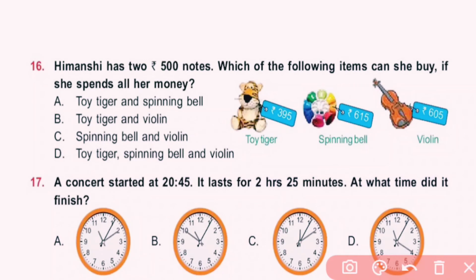Question number 16. Himanshi has 2 500 rupees notes. Which of the following items can she buy if she spends all her money? She has 2 500 notes, means she has 1000 rupees. She wants to spend all her money. If she buys this tiger and spinning bell, 395 plus 615 is equal to 1010.